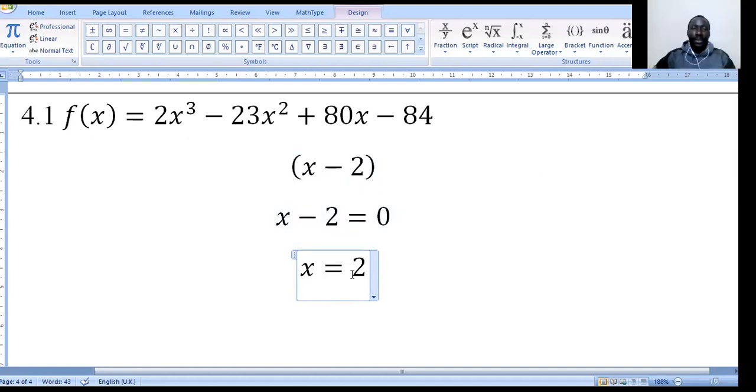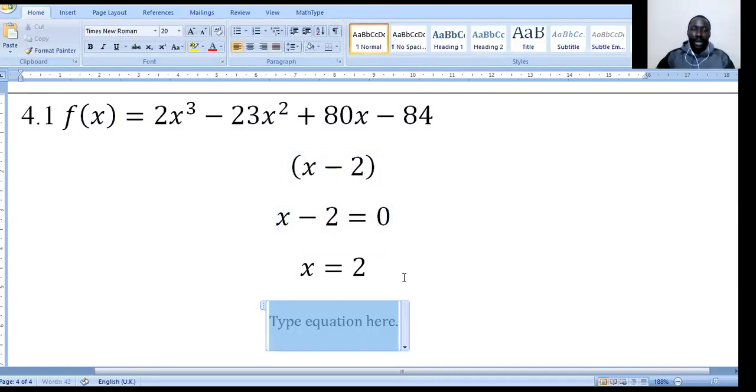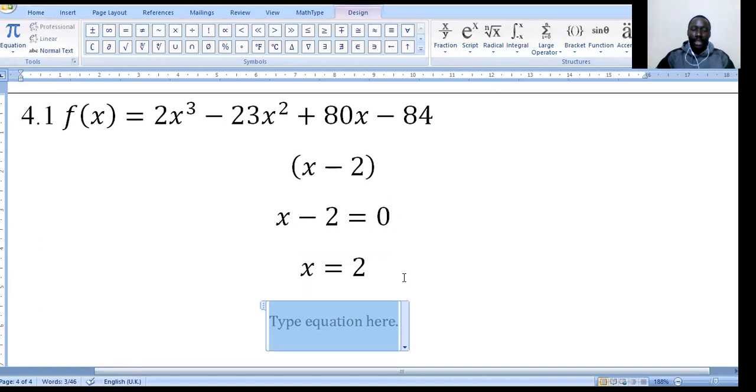After finding the value of x, we can now substitute 2 for x in the expression. So we have to put 2 in the expression for f of x. In other words, f of 2 must give us 0.